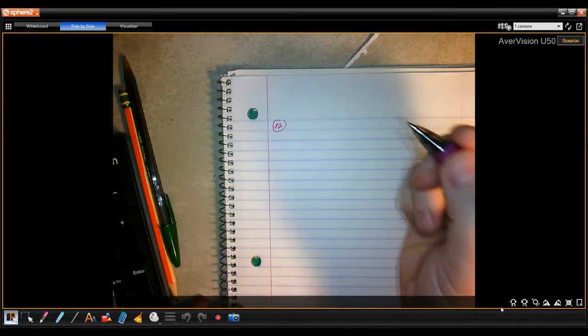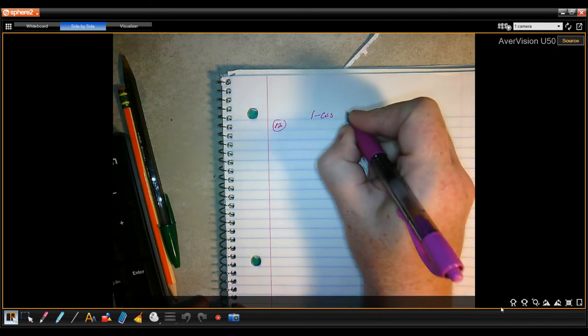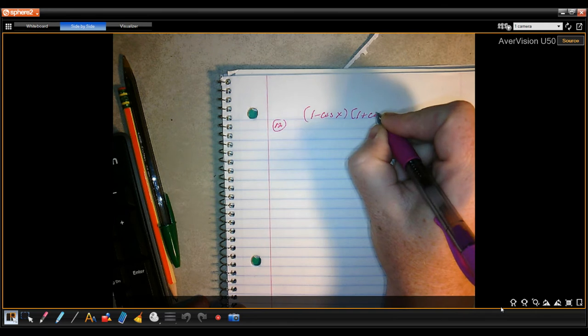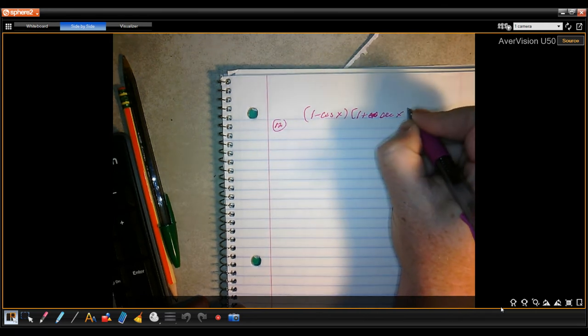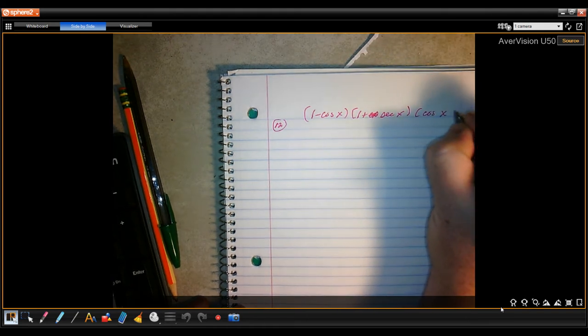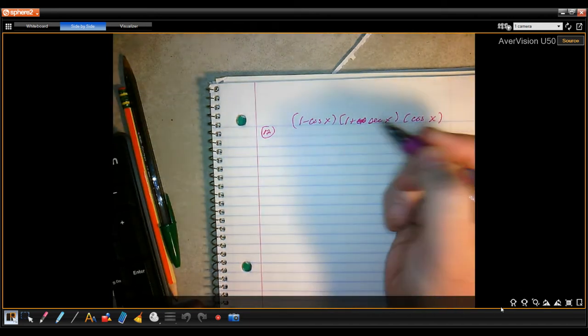Okay, 12 is 1 minus cosine x times 1 plus secant x, and then times cosine x. Okay, so here is a binomial. So you did the distributive property here, FOIL.